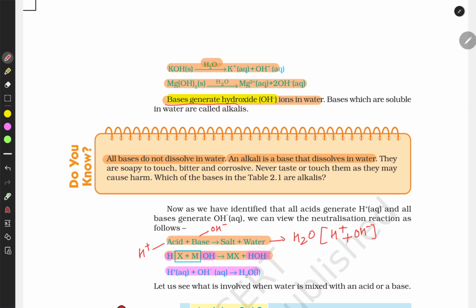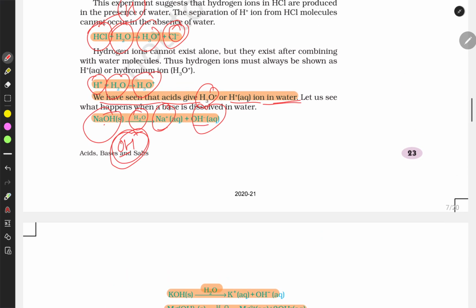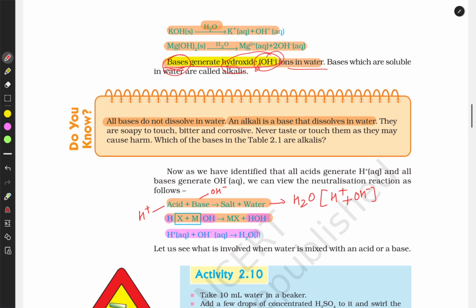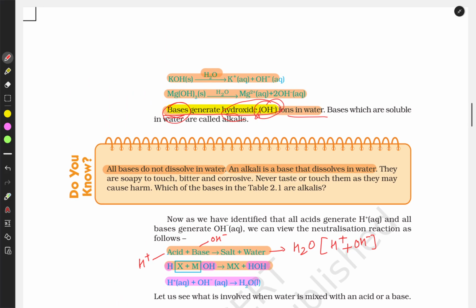So the base generates hydroxide ions. This shows something which has a basic nature. Bases generate OH ions in water, and something which is acidic in nature generates hydrogen ions. By this we can conclude that acids are those which contain H plus ions, and bases are those which contain OH ions.